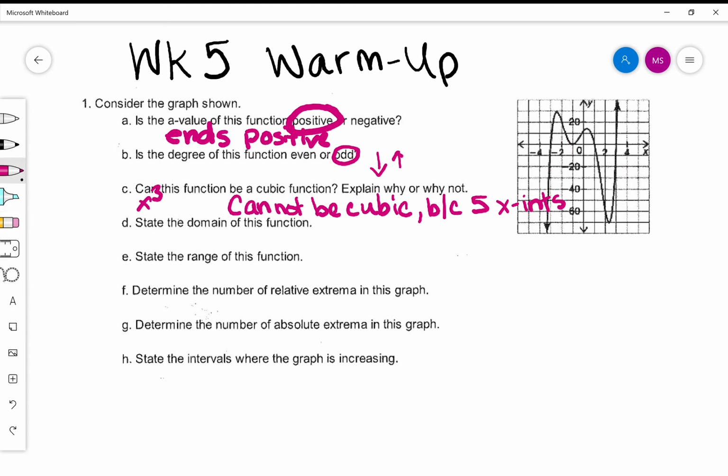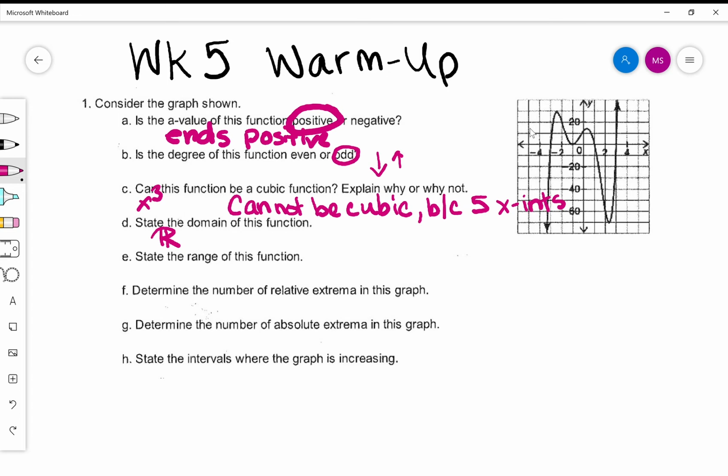All right, so letter D, state the domain of this function. The answer is all real numbers. Again, what is the lowest x value? We don't know because this ends in negative infinity. So as the x values continue to go to negative infinity, the y values continue to go to negative infinity.